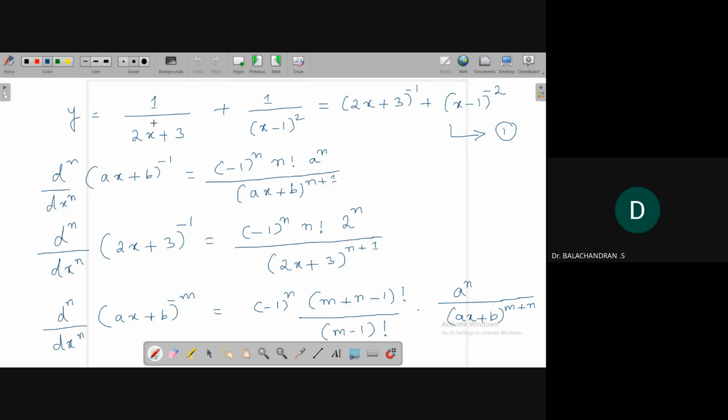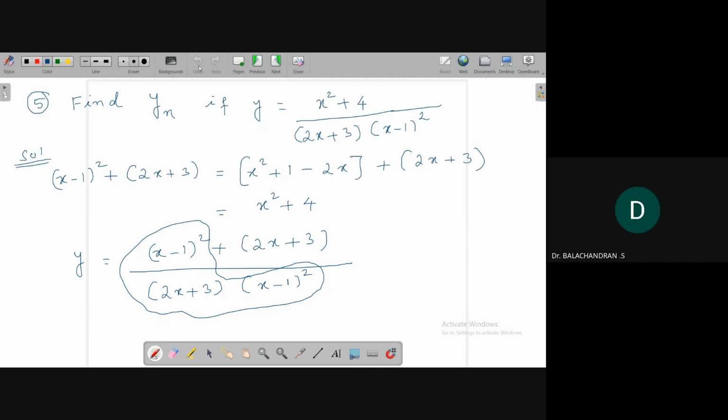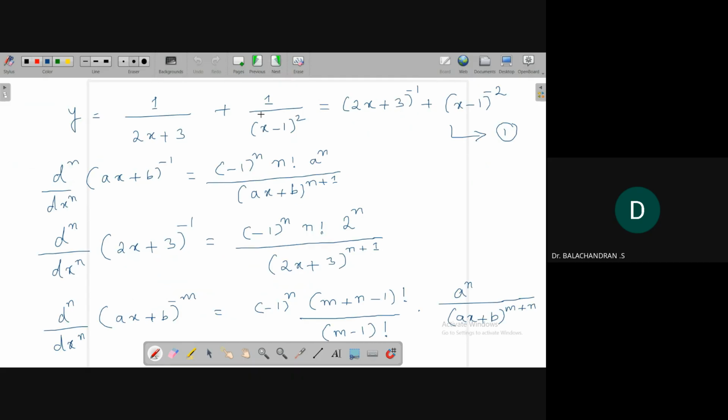Now next, similarly you can write 2x plus 3 divided by (2x plus 3) into (x minus 1) whole square. So then 2x plus 3 gets cancelled. You will get 1 by (x minus 1) whole square.